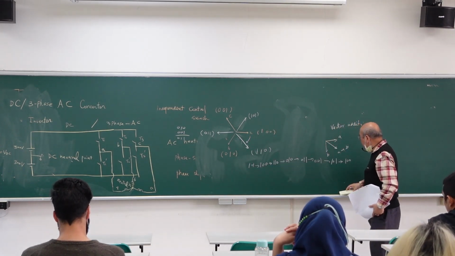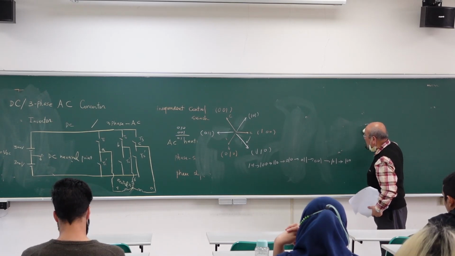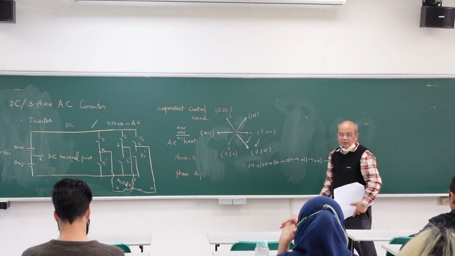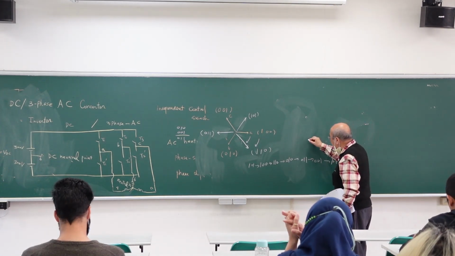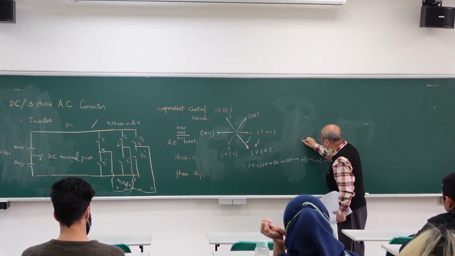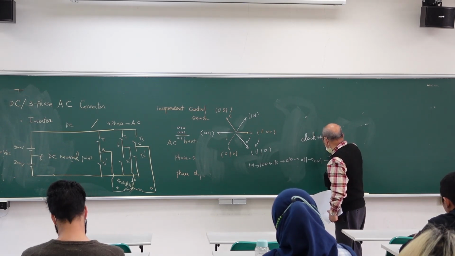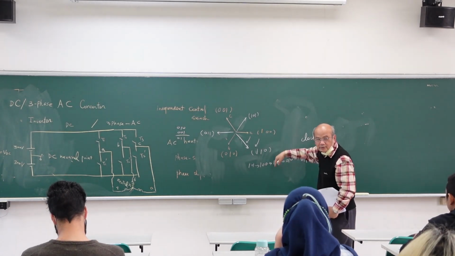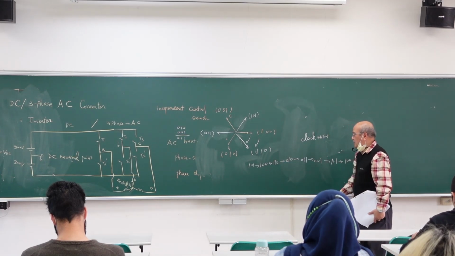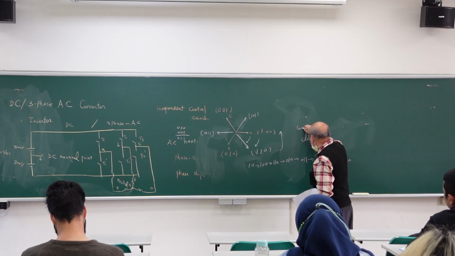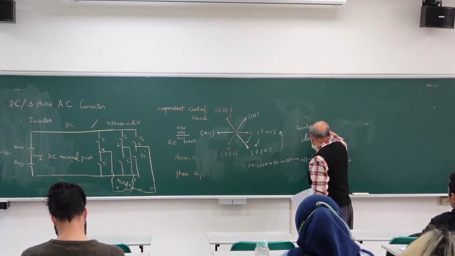So then we can rotate in this direction. So we can call this clockwise, like a clock. Rotate this one. If you want to go this way, we call it counterclockwise.